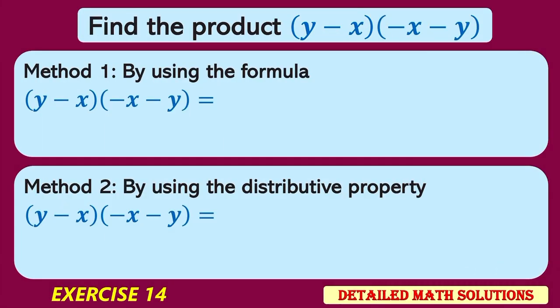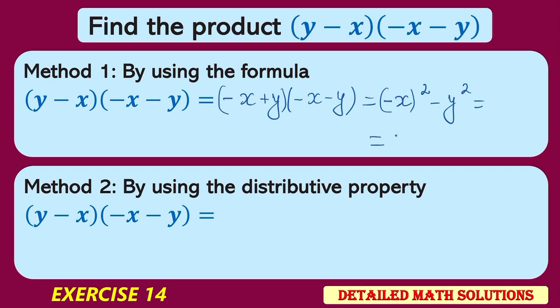Next exercise. Find the product (y minus x) multiplied by (minus x minus y). This expression can also be written as (minus x plus y) multiplied by (minus x minus y). This way I can apply the formula, and when I do that I get (minus x) squared minus y squared, which equals x squared minus y squared.